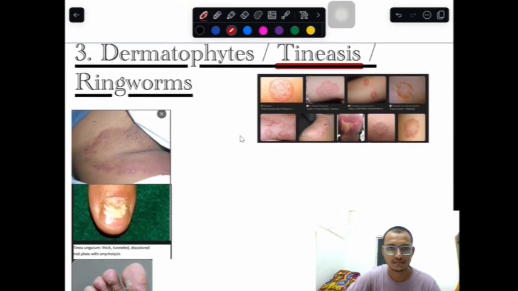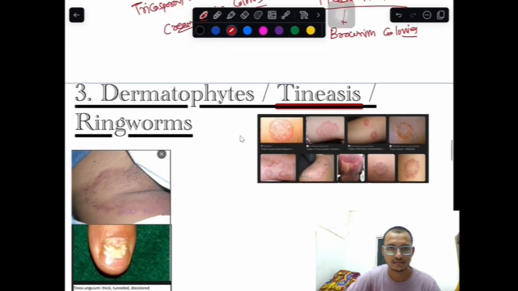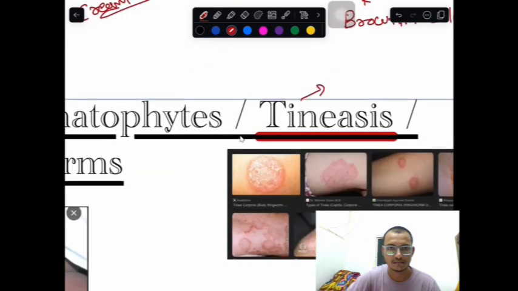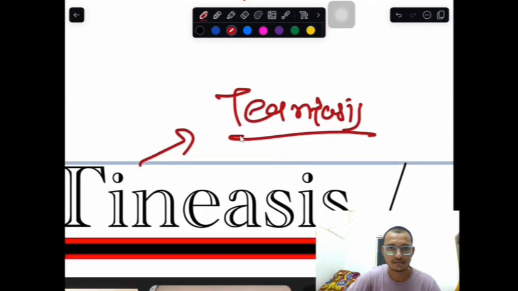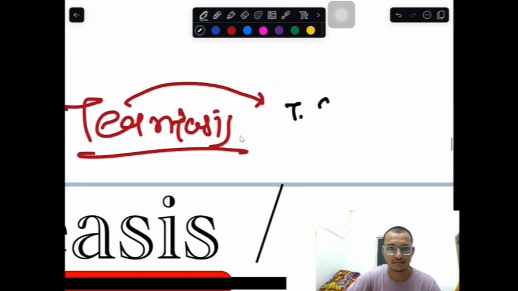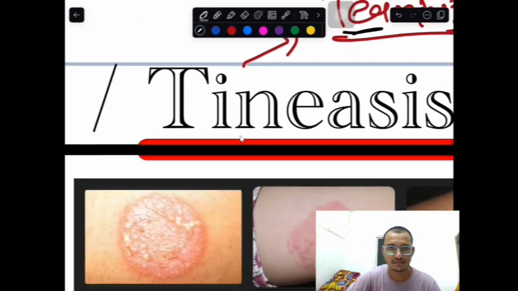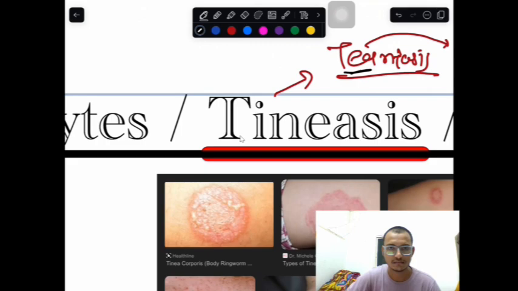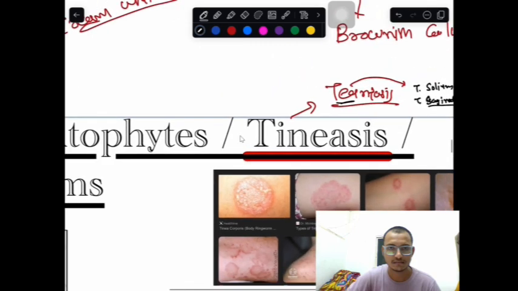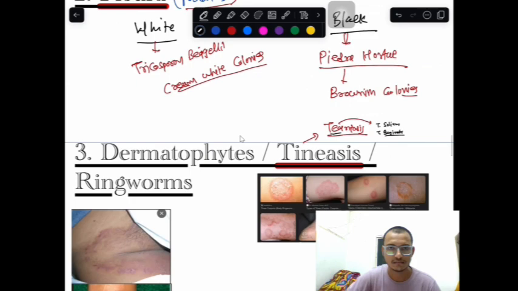Our third and most important infection is dermatophytes. The other name is tineasis. Remember, this tinea is different from taeniasis. Taeniasis is related to Taenia solium and Taenia saginata, which we get from eating food. But what we are learning is tineas, which we call dermatophytes and ringworm.